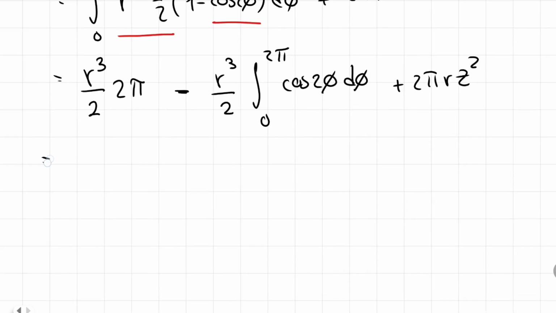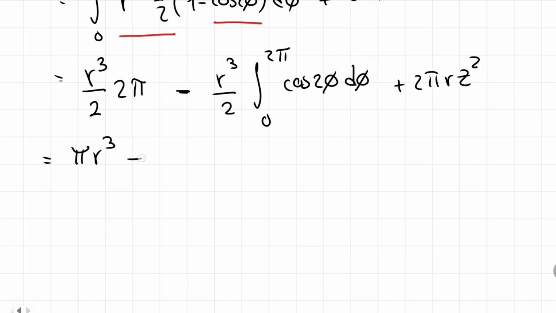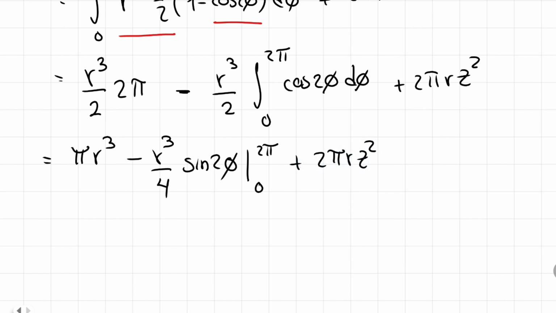Okay, perfect. So we are going to get pi r cubed, right? So this is minus r cubed over 2, and then we are going to divide by 2, so we will get a 4 here, to get the sine of 2 phi from 0 to 2 pi, plus 2 pi r z squared.